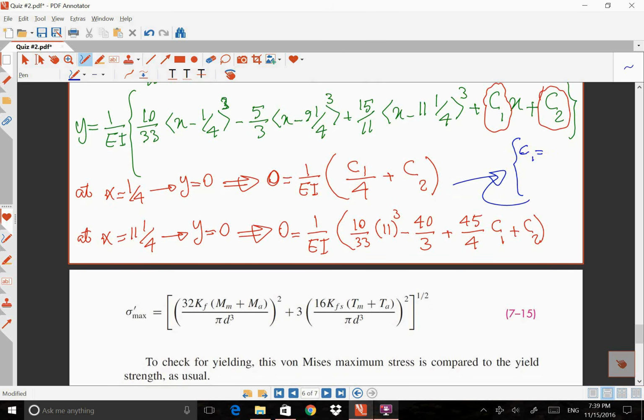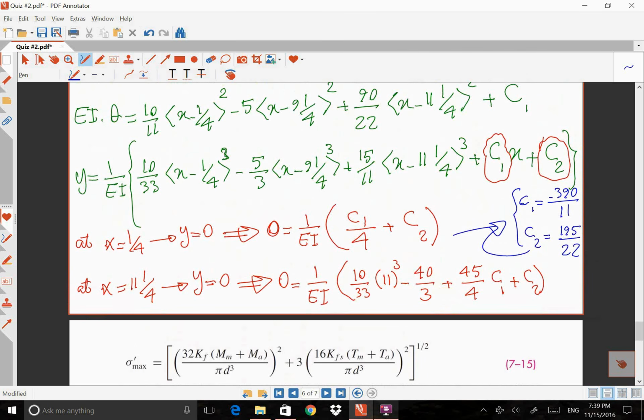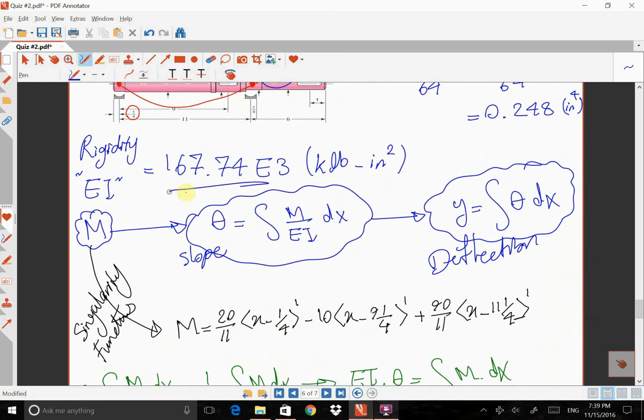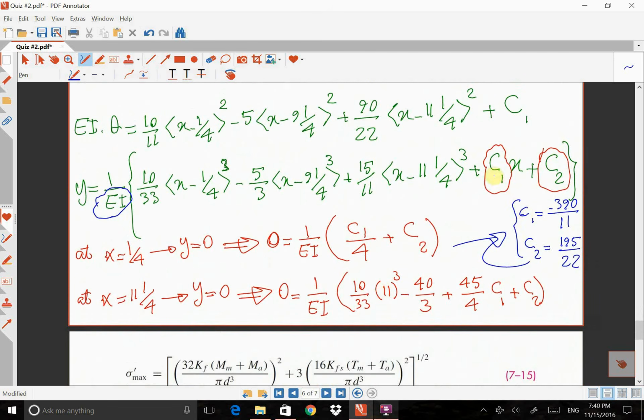C1 in this question will be minus 390 over 11, and C2 will be 195 over 22. And the equation for y, if I rewrite that, will be 1 over rigidity, this guy. And this is what we found here. And we need to substitute C1 and C2 in this equation. And that's the deflection equation.